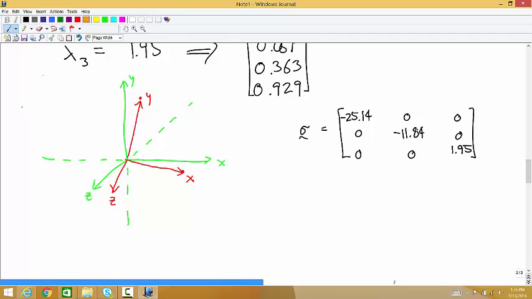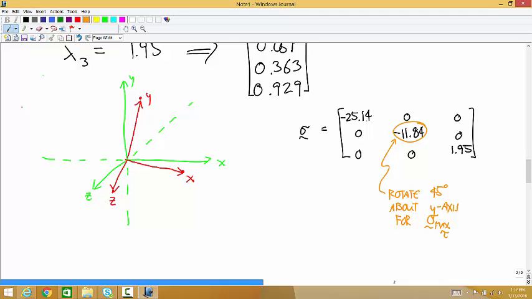So rotate 45 degrees about the y-axis for the stress tensor with the maximum shear.